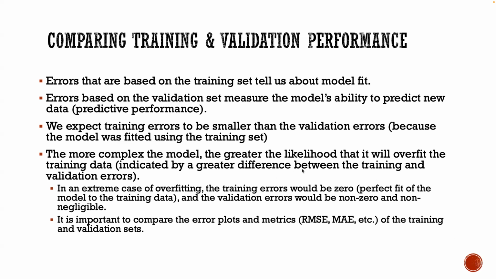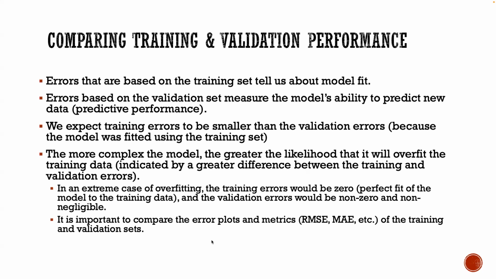And in those cases, you'll start seeing a greater difference in the error between the training set and validation set, which actually is not a good situation to be in, because you may have predicted your training set perfectly, which means you have almost zero error. But then your validation error will be non-zero, and how far it is from zero is an important criterion that you have to keep in mind.